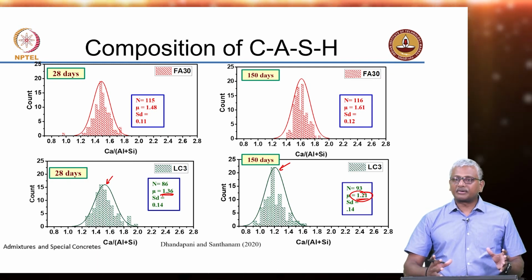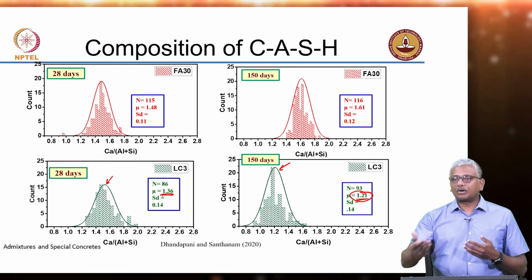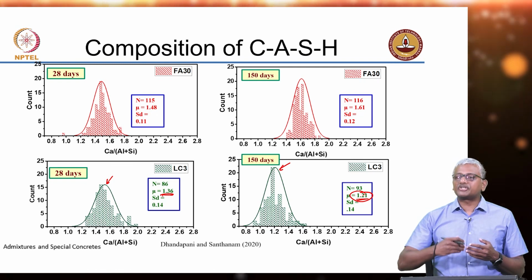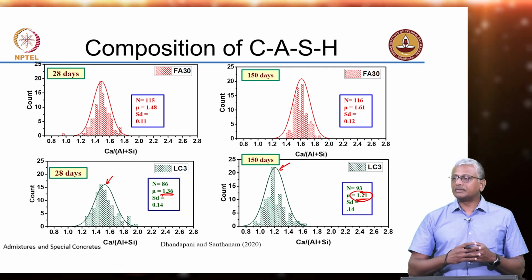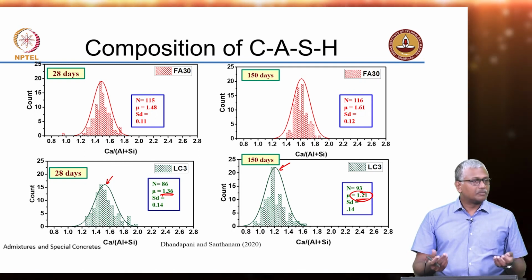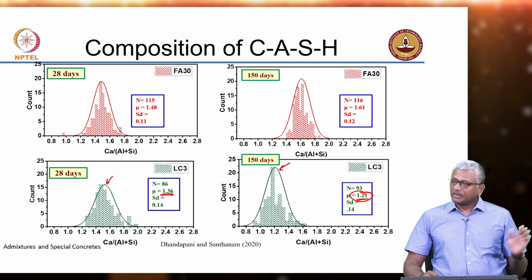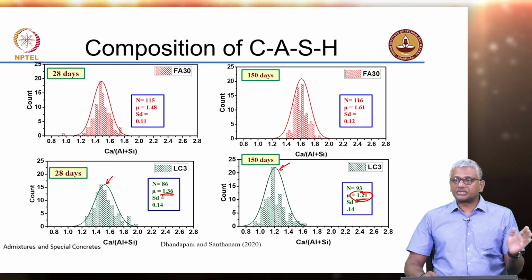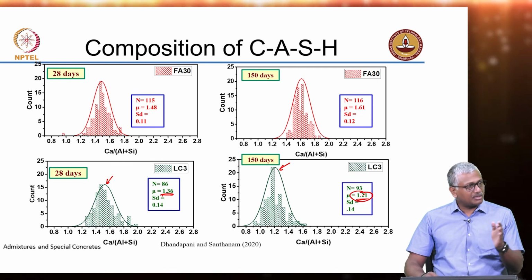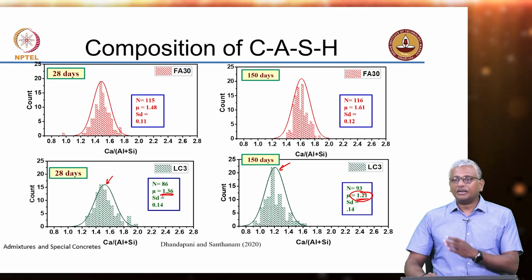Now, if you put concrete in a tub of water, there will be only a limited amount of leaching, because when the pH of the surrounding water becomes equilibrated with the concrete pH, you will probably not have further leaching. But if you have flowing water, what is going to happen? That water is continuously getting replenished. So, the rate of leaching keeps on building up. So, extent of leaching keeps on building up.